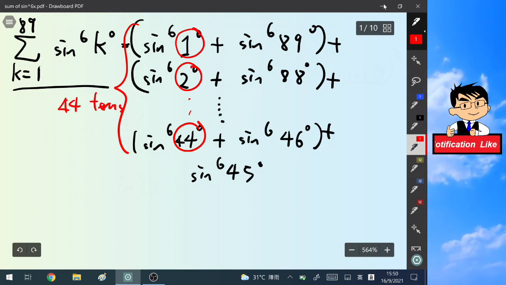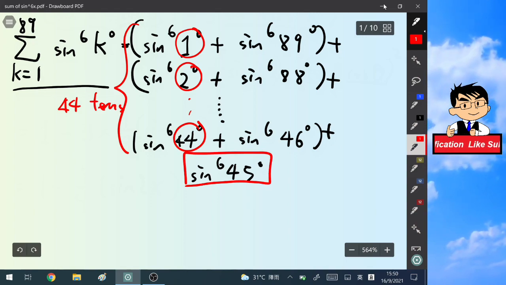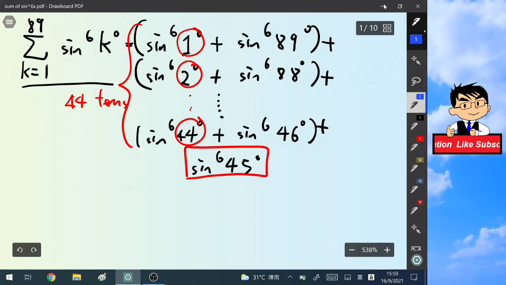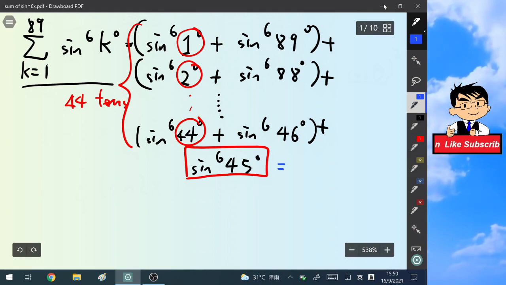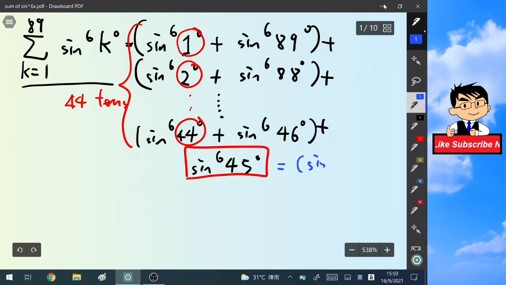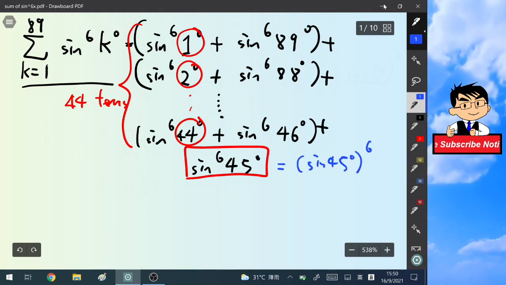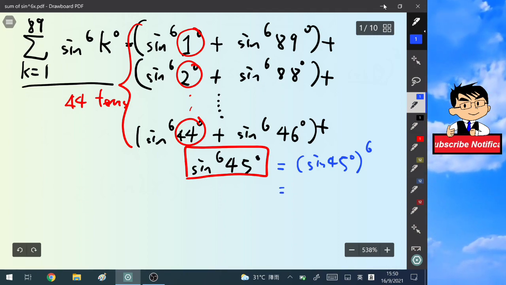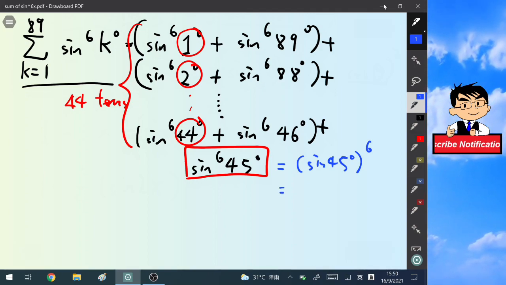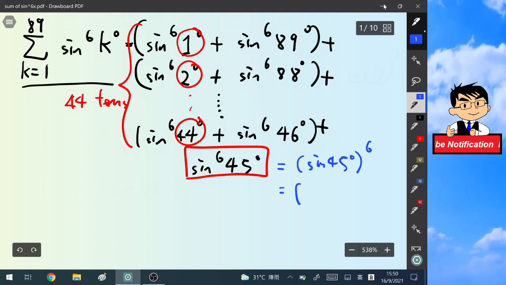And then for the sine to the power of 6 45 degree, we can express it as the sine 45 degrees like this. And we have a very good answer for the sine 45 degree.